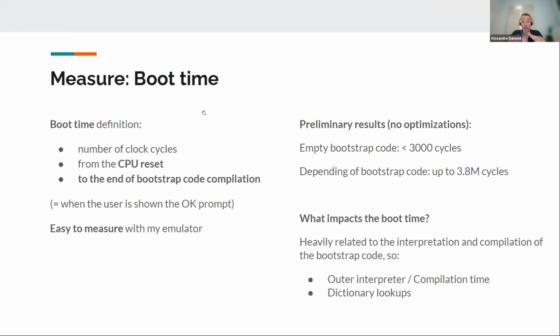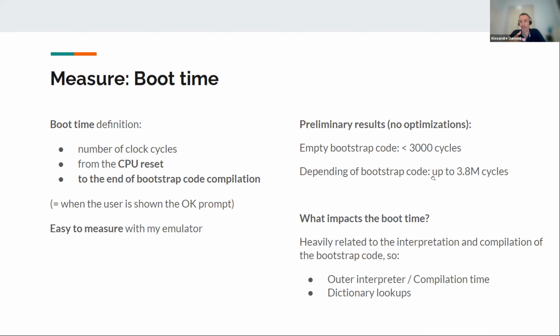But with the bootstrap code, and the more code I added to it, it went up to 3.8 million cycles. If you think about a CPU at 1 megahertz, 1 million cycles is 1 second. So it was about 3 or 4 seconds.